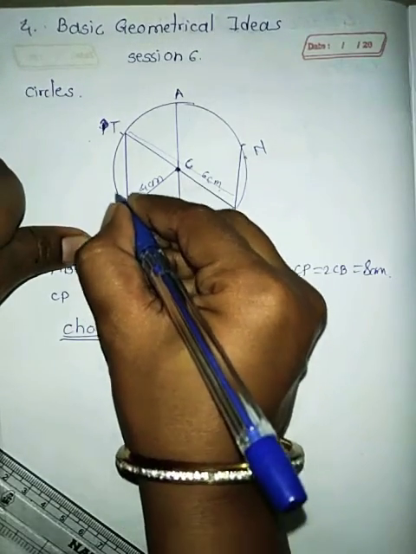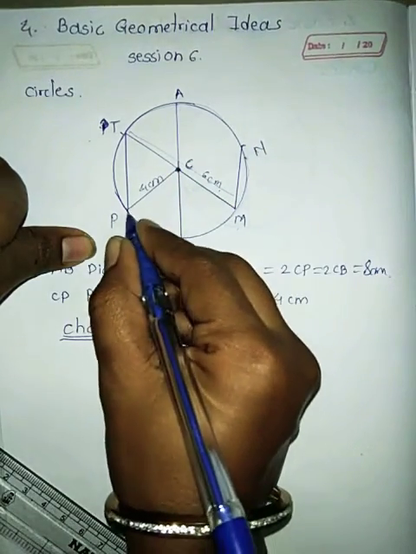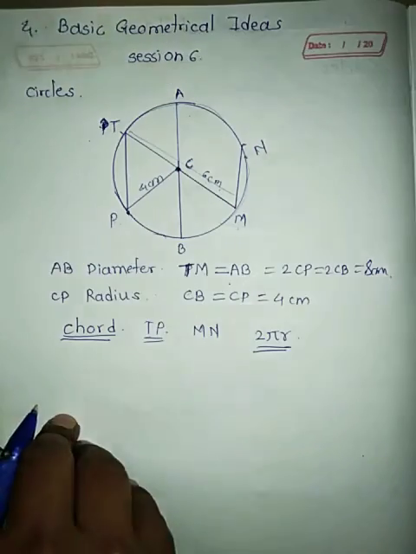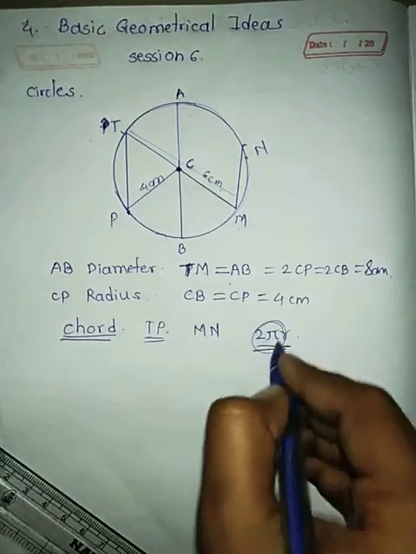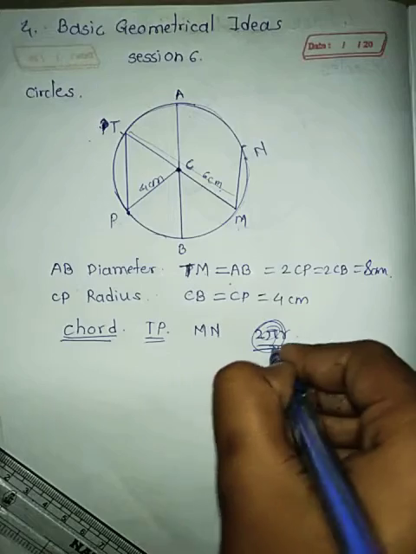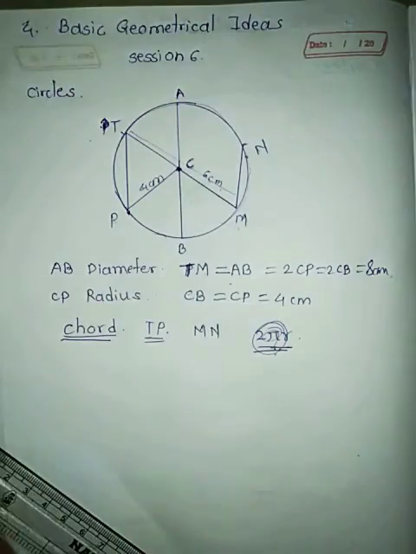Circumference means start from the point P and go like this. When you come back to the point P, then this is called the circumference of the circle, and circumference is 2 pi r. This is not needed now.